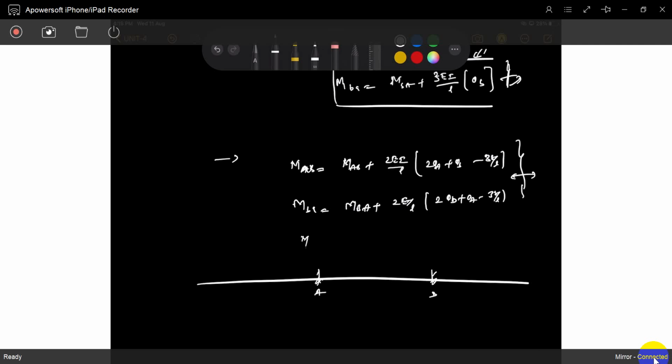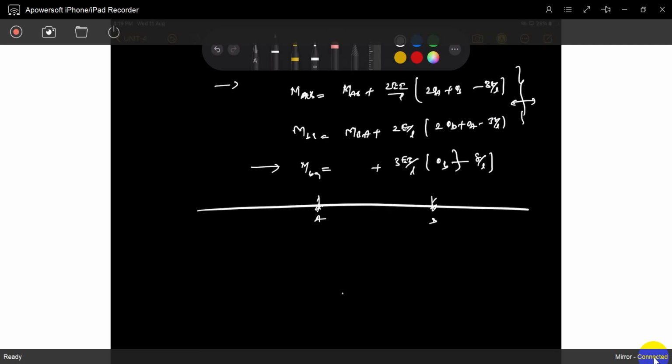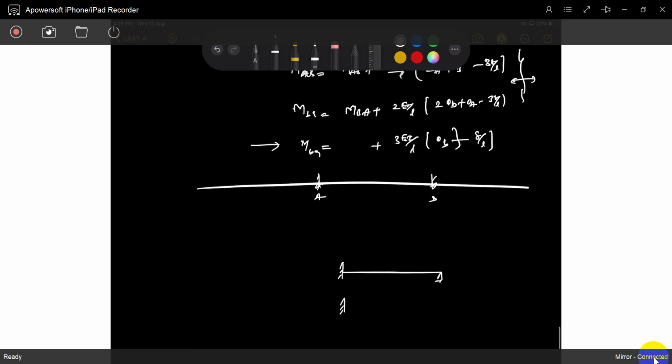And the extra equation I mentioned is for when the outer end is hinge; you can take it like this, 3EI by L into theta B. So when the outer end is hinge, it also comes with minus delta by L only, not 3 delta by L. Because when the outer end is hinge and it is sinking, it gets a slope.